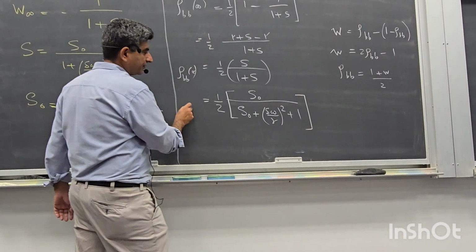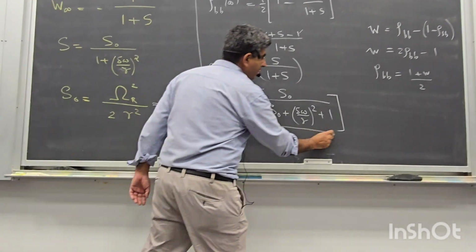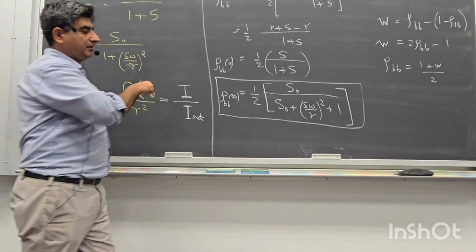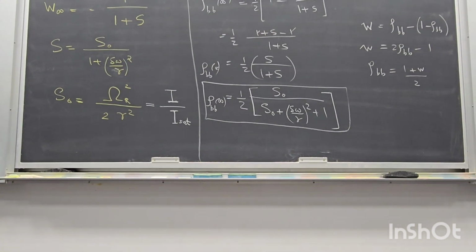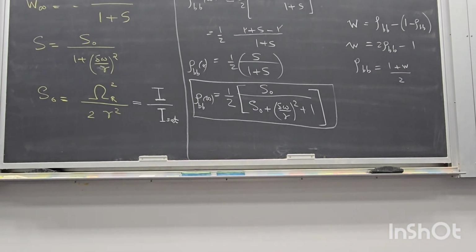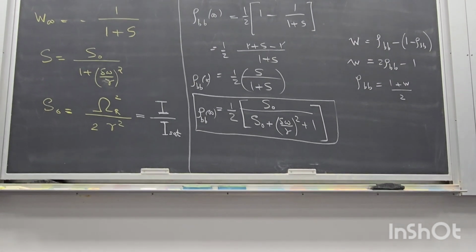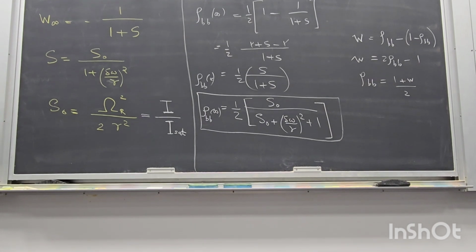I think this is what it turns out to be, right? Correct? So this is the steady state population.